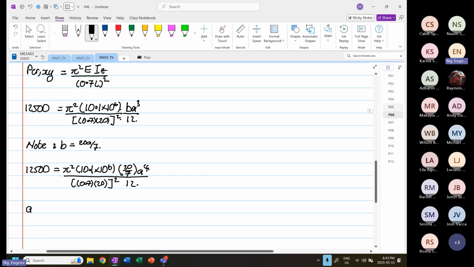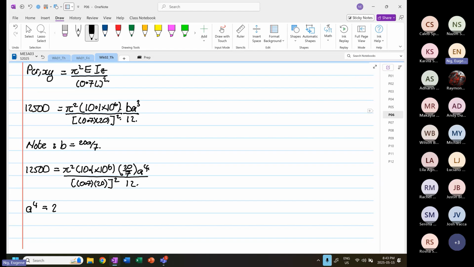Putting everything together, A to the power 4 equals 12,500 times 12 divided by 0.7, 0.7, 20, 20, pi squared, 10.1 to the power 6, and 20 over 7.